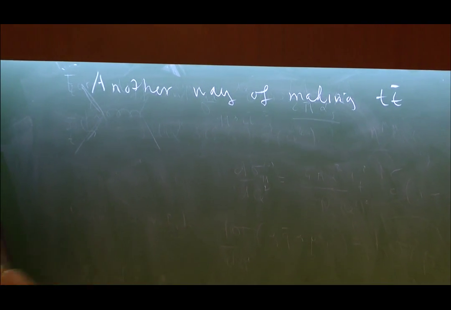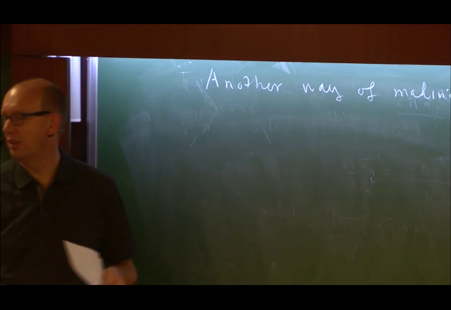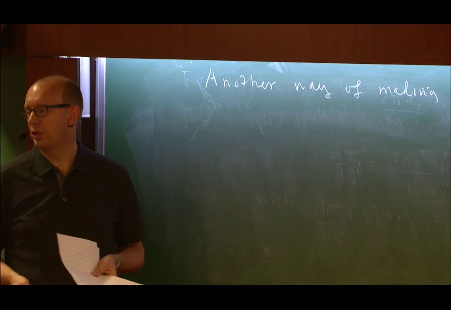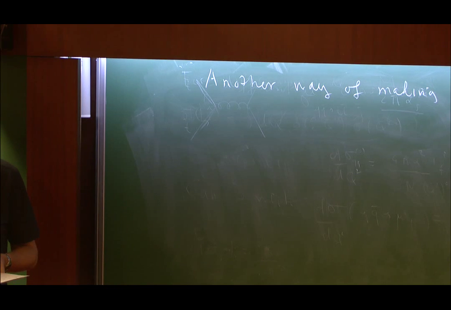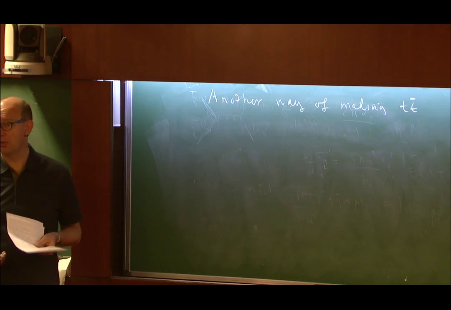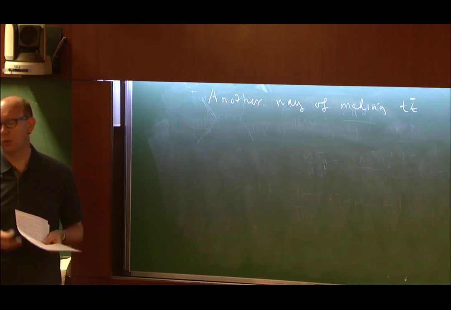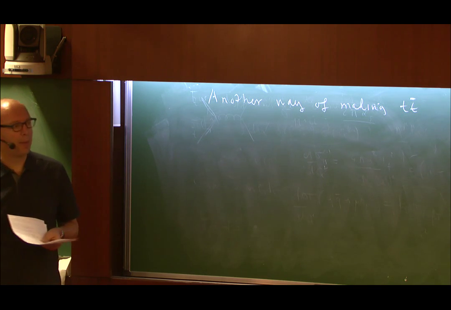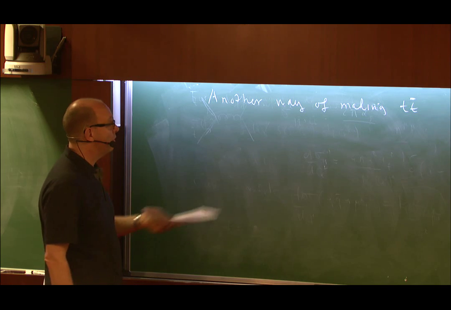We have two colliding beams at the LHC, and the LHC to first approximation is a gluon collider. There are so many gluons at that high energy in the proton. The gluon parton distribution function is very large. The quark ones become relatively small.